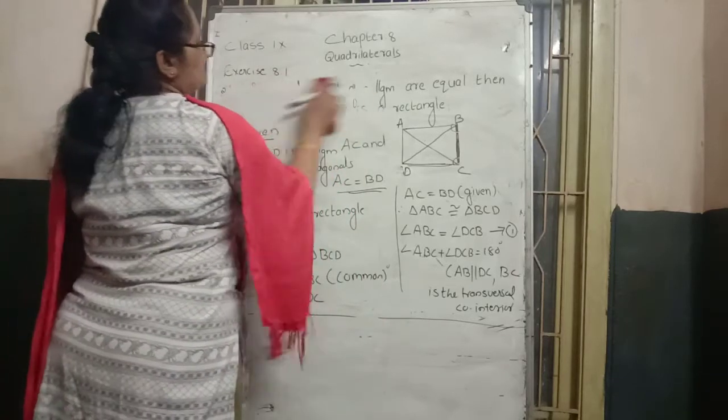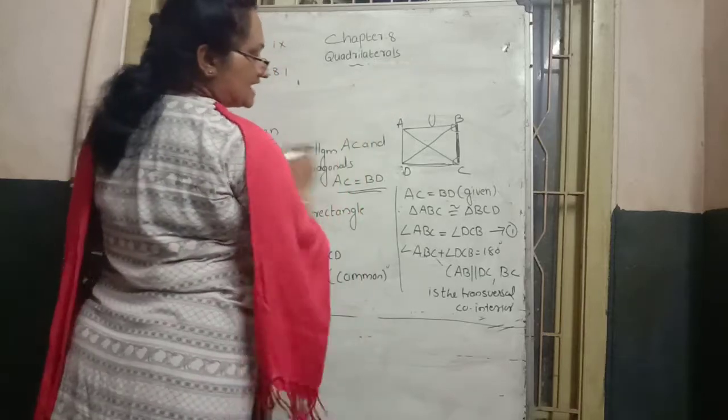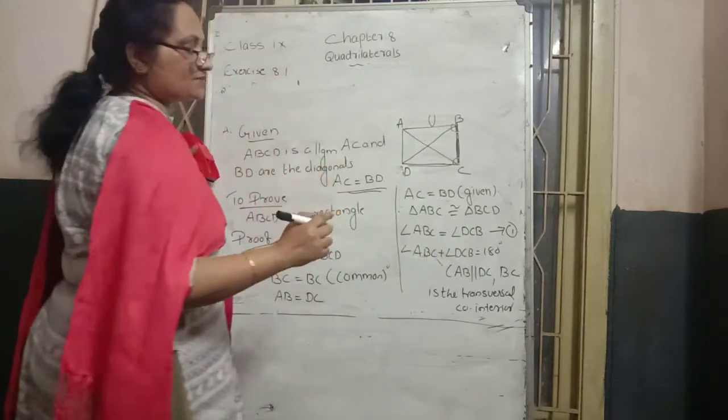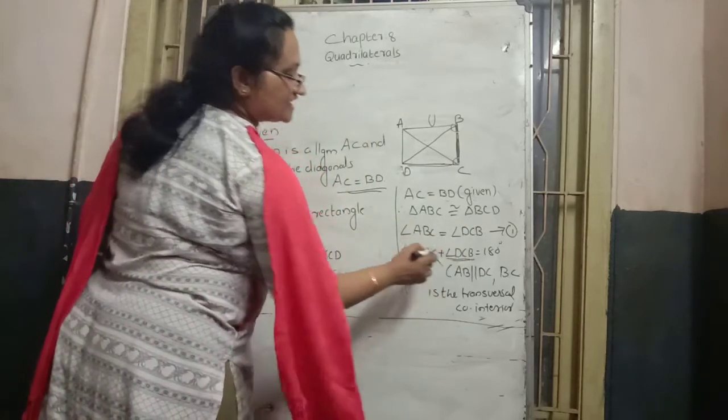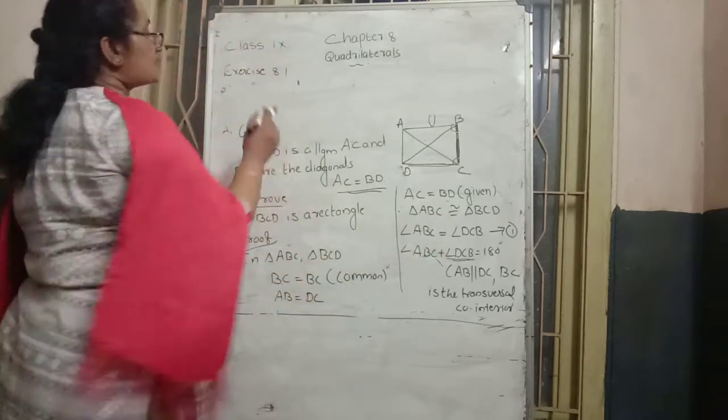Next, just before, in equation 1, we proved that angle ABC and angle DCB are equal. That's why instead of DCB we can insert ABC, because both angles are equal.